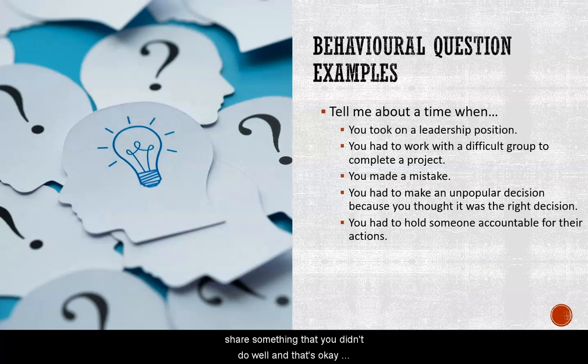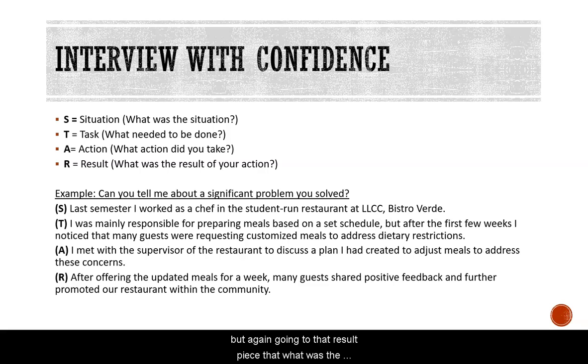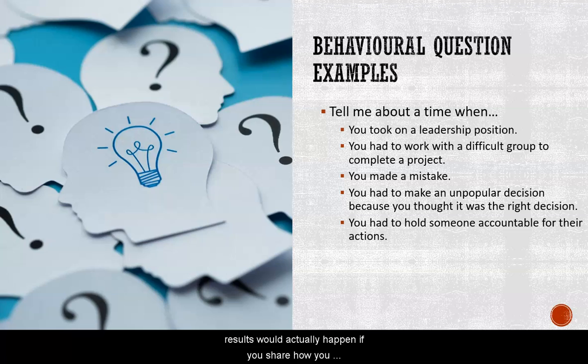You have to share something that you didn't do well, and that's okay. But again, going to that result piece, what was the result, what actually happened, if you share how you made a mistake and then ultimately circle back to here's what I learned or here's what I did moving forward, that's still putting a positive spin on something that was negative initially.